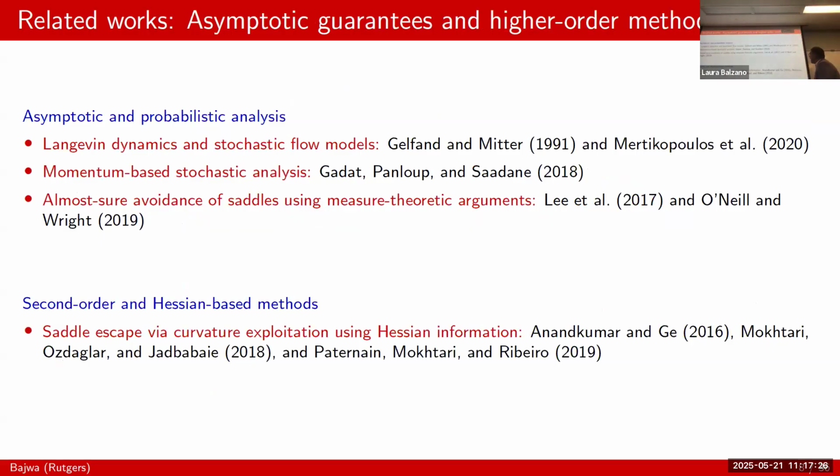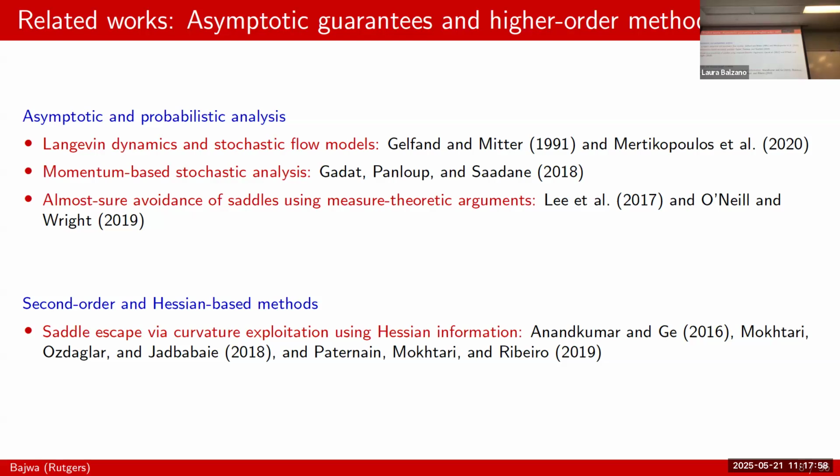As I said, the interest started in this area again from Jason Lee's paper in 2017. These are all almost sure convergence type of results, asymptotic convergence results, and two of the major results are this one for gradient descent and O'Neill and Steve Wright's paper on the heavy ball method, and in general, primarily or exclusively for the case of quadratics.